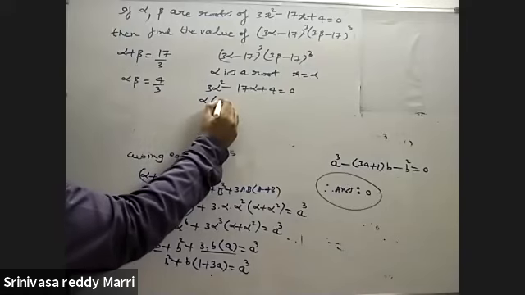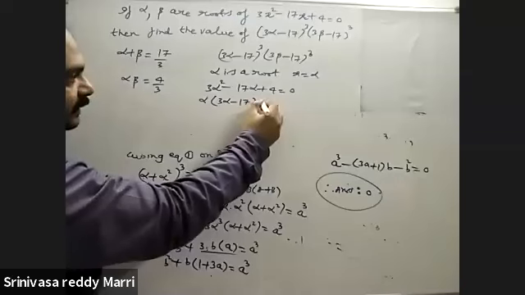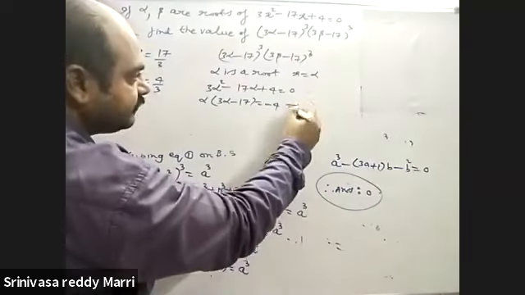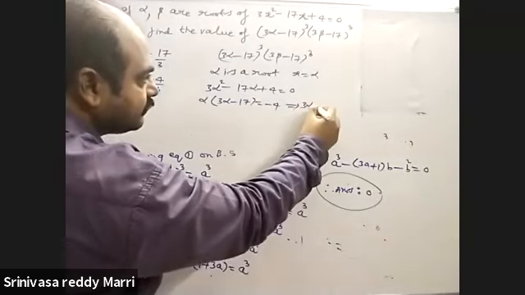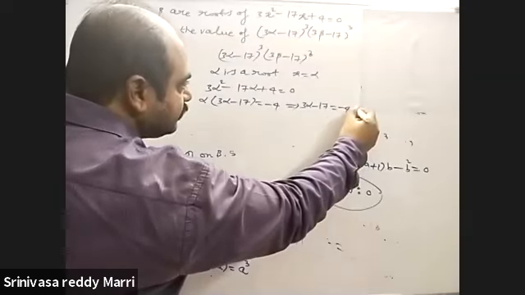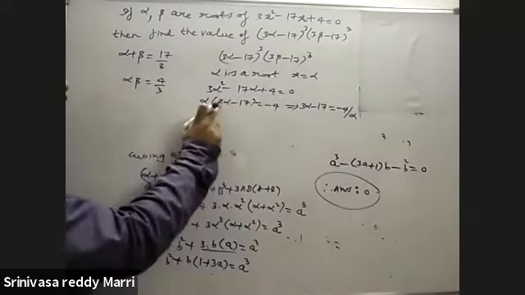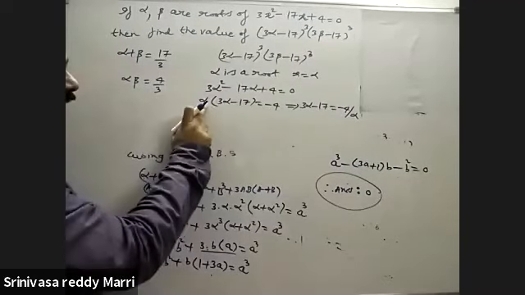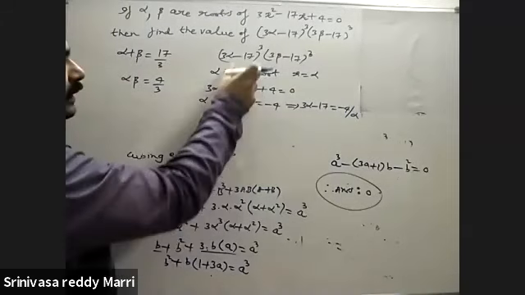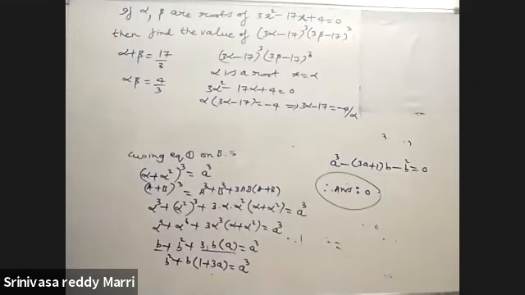Take alpha common. Alpha into (3 alpha minus 17) equal to minus 4. That means 3 alpha minus 17 is nothing but minus 4 by alpha.